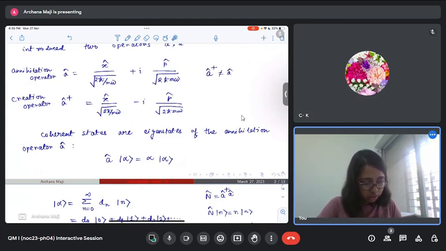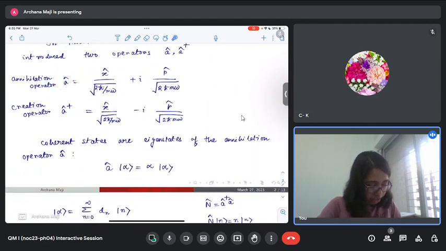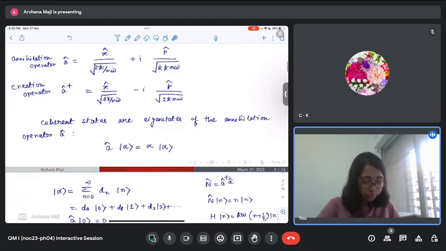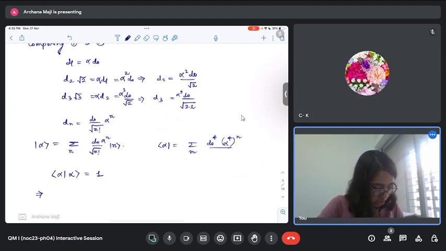So a dagger and a are two different operators, so they are not Hermitian. So what does that mean? If it is not Hermitian, their eigenvalues are not real. They can in general be complex. So when I write down the dual vector from this kth vector, I need to take the star of the eigenvalue because they are in general complex.